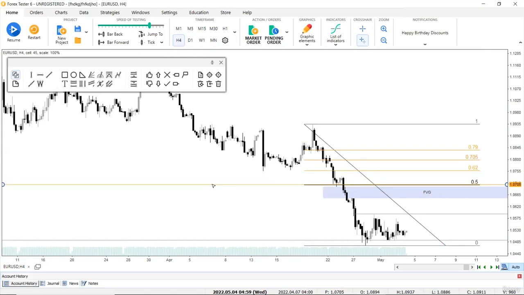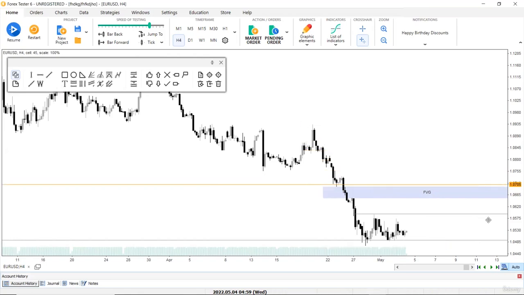All right, so we see that we are in the discount area, and as long as we're in this area, I'll be looking for buys, right?